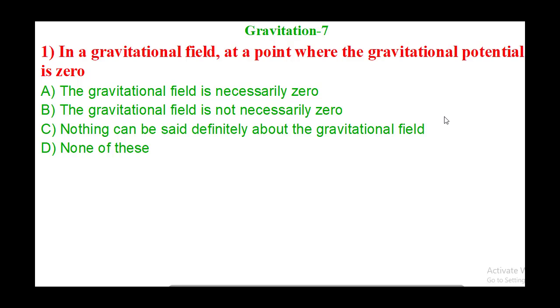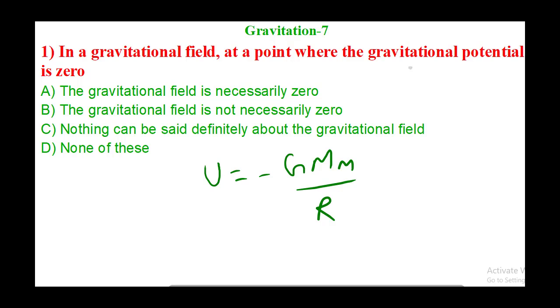For the first question, in a gravitational field at a point where the gravitational potential is 0, we are given 4 options. Now how do we write the gravitational potential? U is given by minus GMm upon r. So it is observed that as long as there is a mass, there will be some gravitational potential.